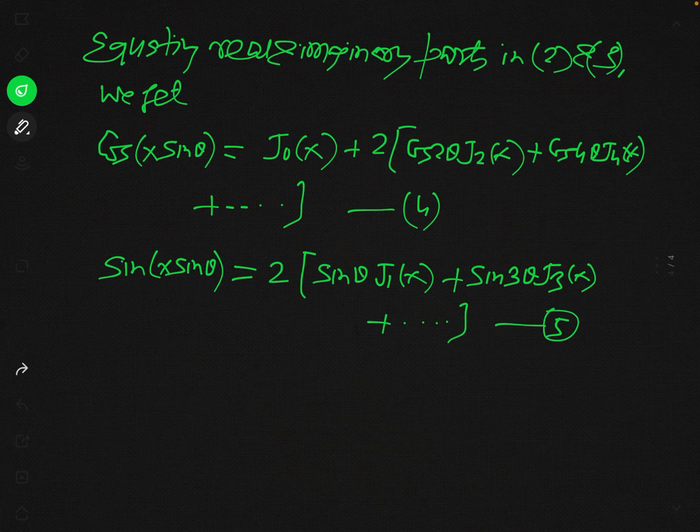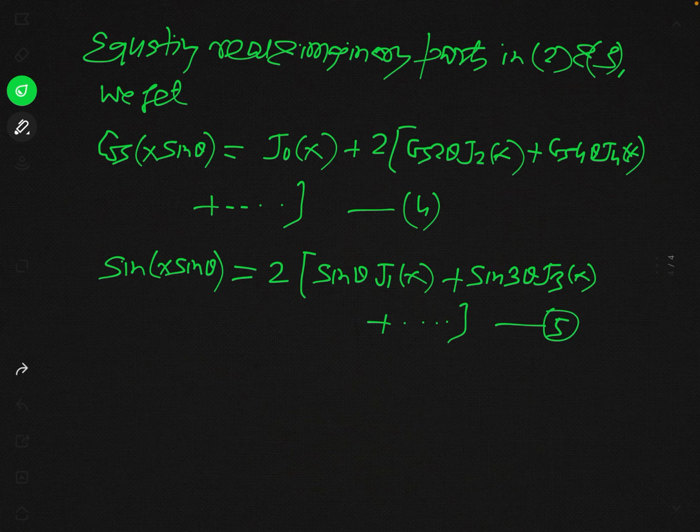The series defined in equations 4 and 5 are known as Jacobi series. This is a very important series in mathematical physics.